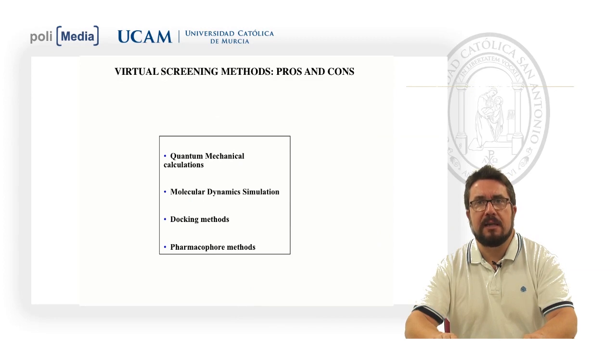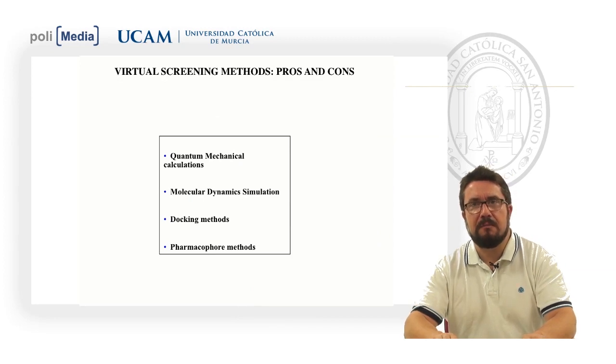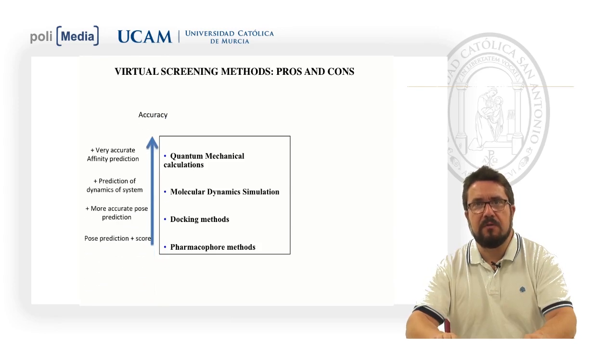Methods for virtual screening. There are many different computational methods. Here we have a list, some classification regarding accuracy. So pharmacophore methods can usually predict only the pose, I mean the way the key fits into the lock, and the score.